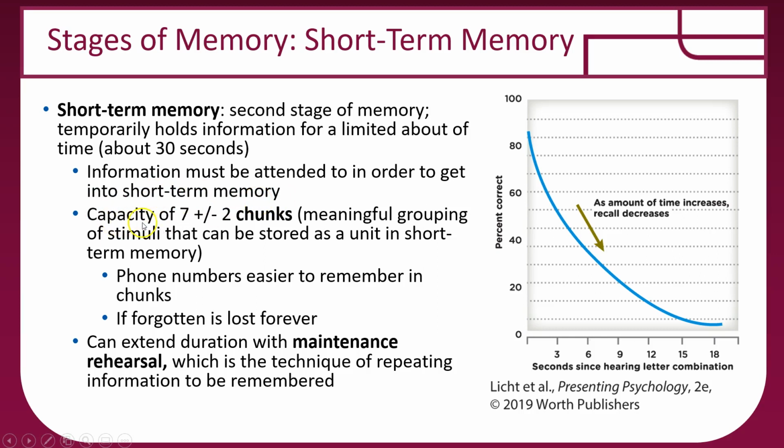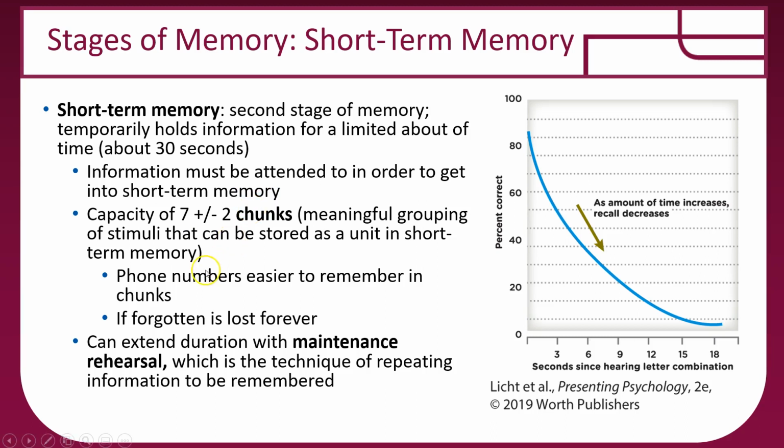We say that short-term memory has a capacity of 7 plus or minus 2 chunks of information. This is like a magic number, 7 plus or minus 2, meaning short-term memory can hold about 5 to 9 pieces or chunks of information.